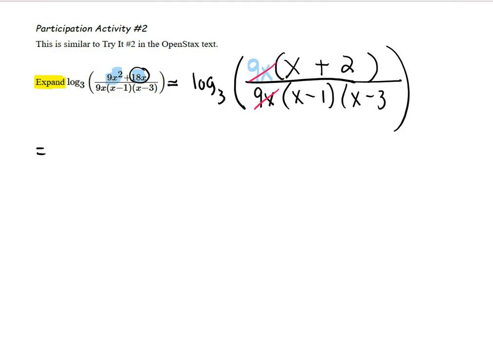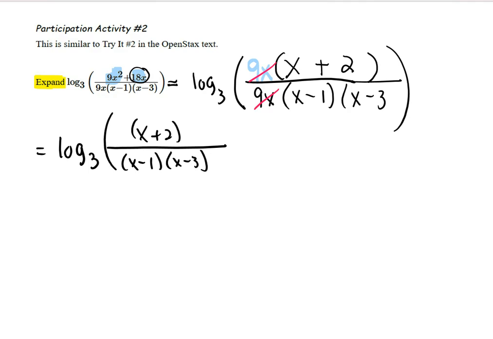So what I have here is the log base 3 of an x plus 2 in the numerator over an x minus 1 times an x minus 3 in the denominator.